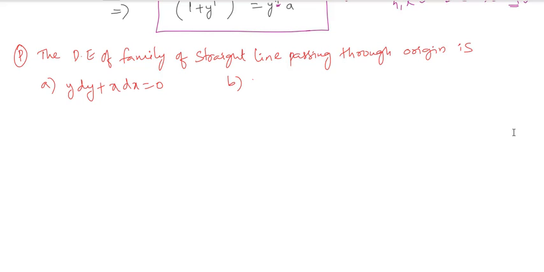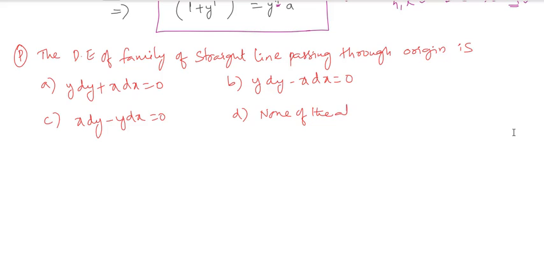Option B, y dy minus x dx is equal to 0. Option C, x dy minus y dx is equal to 0. And D, none of the above.